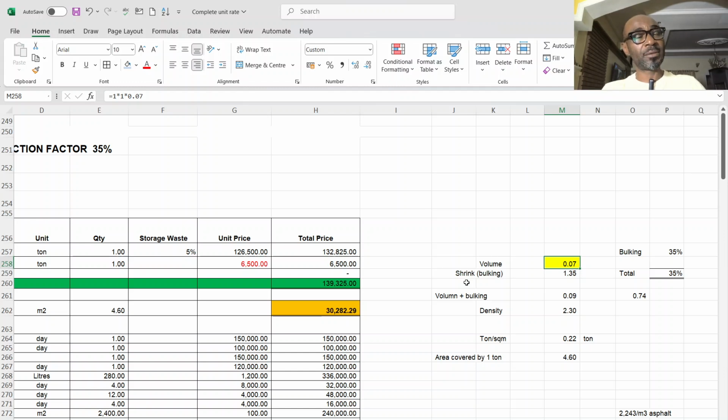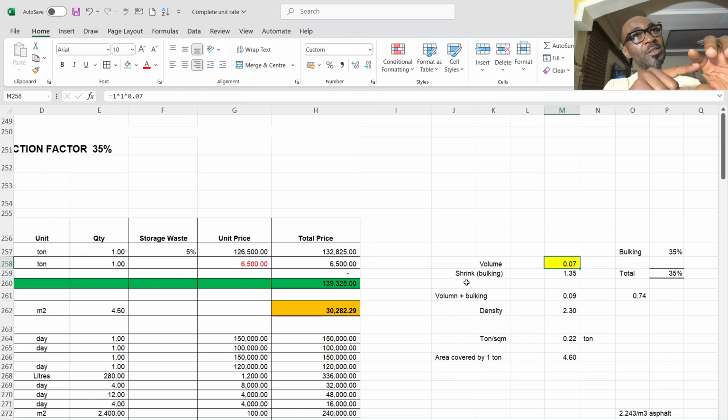Then you add the bulking. When it is freshly cooked and you're bringing it to site, it is in loose form. But by the time it is compacted, it shrinks to a certain thickness. So when you are laying the asphalt, to attain the thickness specified in the bill, you are not going to lay exactly 70 mm to achieve 70 mm.